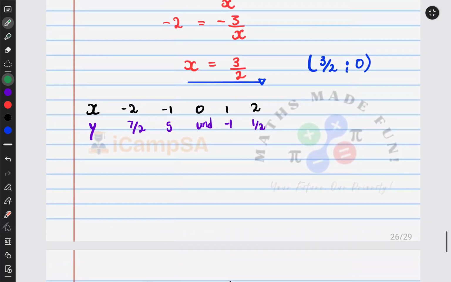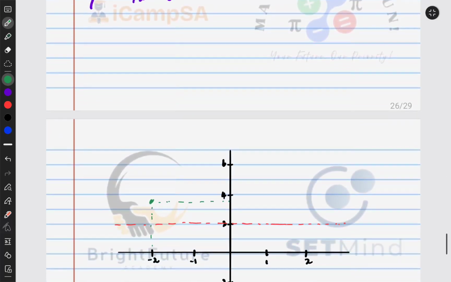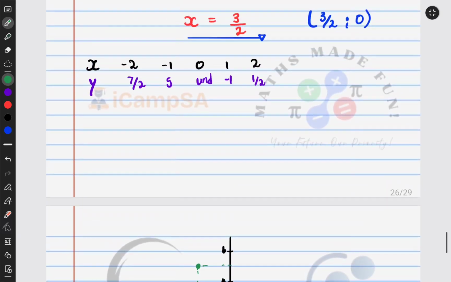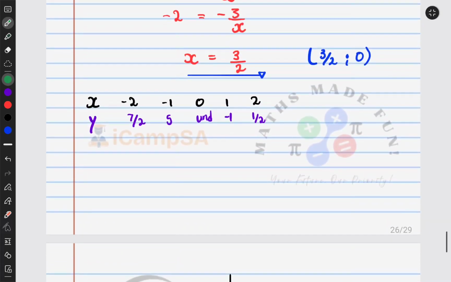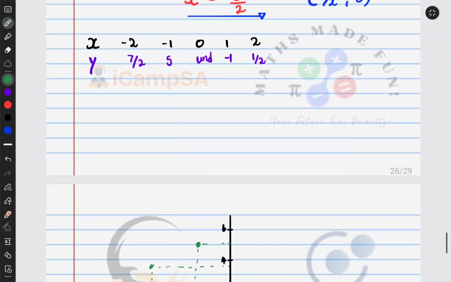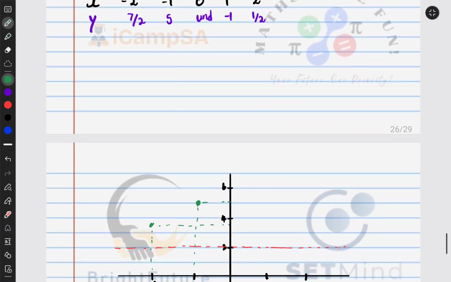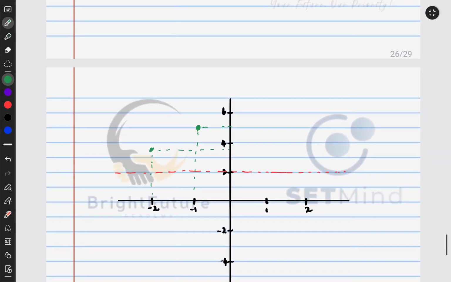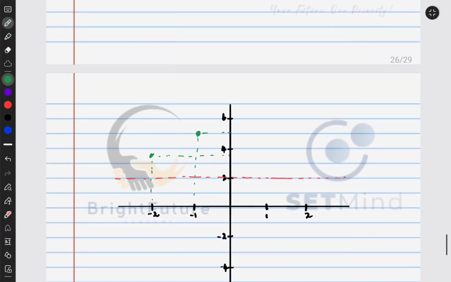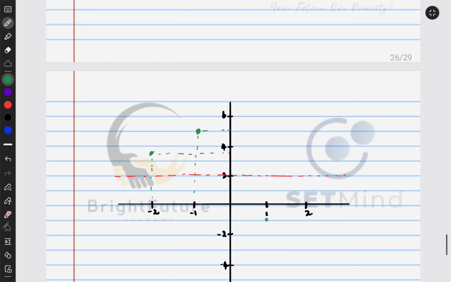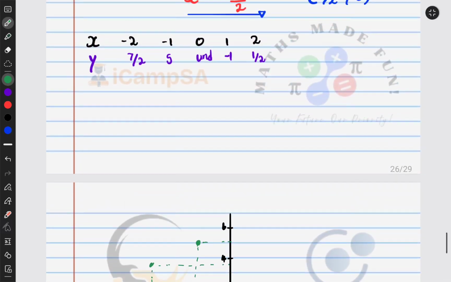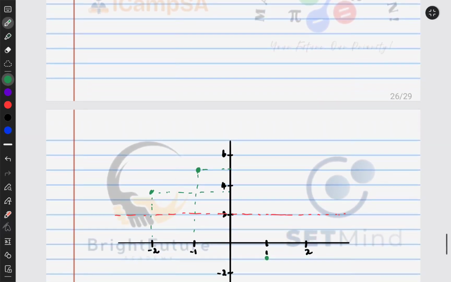And then we have negative 1 and 5. 5 is there, between 4 and 6. And then what do we have next? 0 is undefined, then we jump to the other branch. We have 1 and negative 1, so it's here. And then we have 2 and half, 2 and half will be here.